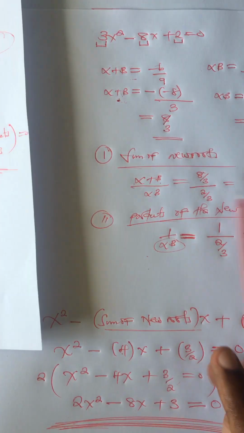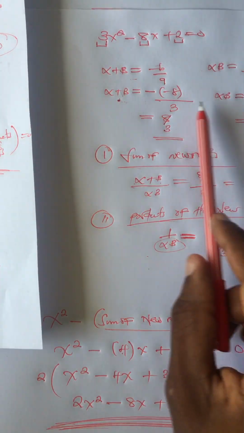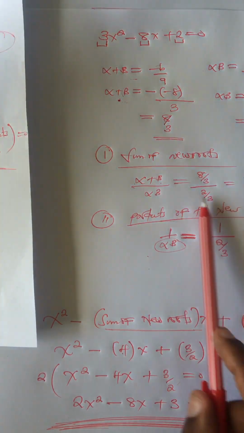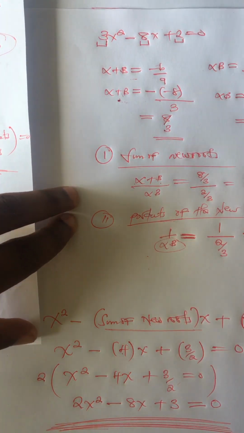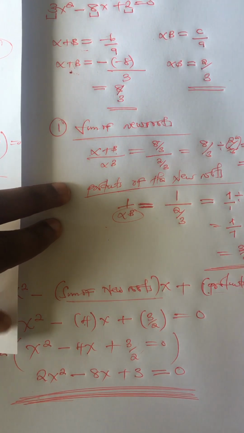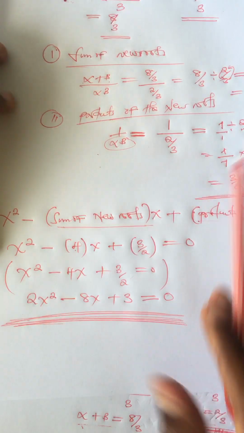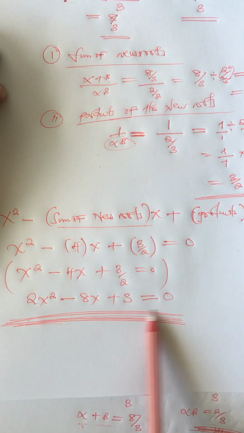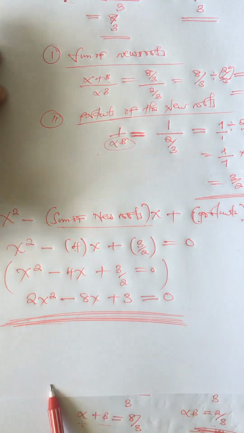Then you come back to the given equation, find alpha plus beta, then alpha beta, and replace them with the values you get in the general formula. Then you get the equation.